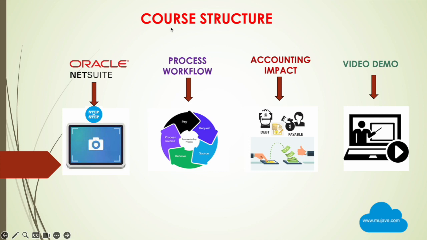Then, course structure. Here, I designed this course as follows. First, I explain steps with the help of screenshots, and I explain the process workflow with the help of those screenshots. And then I move to the accounting impact of every transaction because accounting is the backbone of any ERP system, and you must know how those transactions affect various accounting so that you can use reportings efficiently.